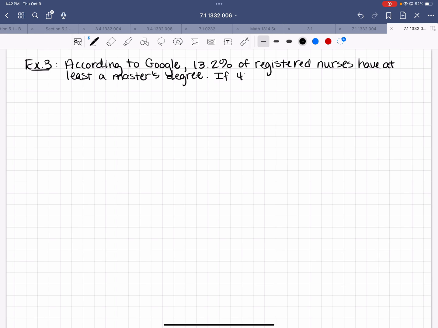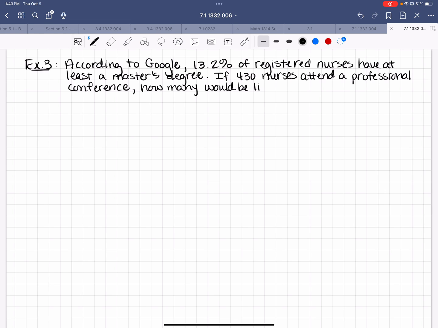If 430 nurses attend a professional conference, how many would be likely to have at least a master's degree?